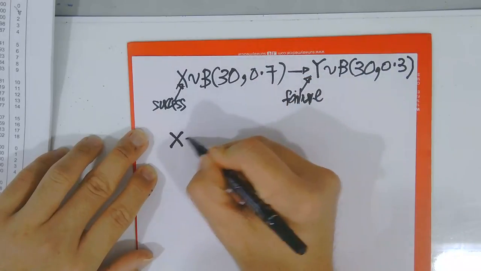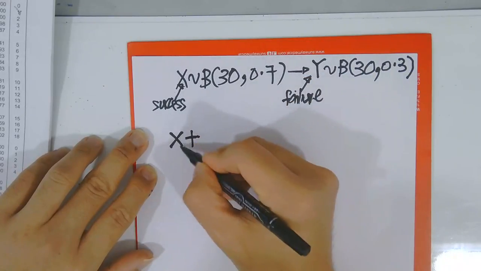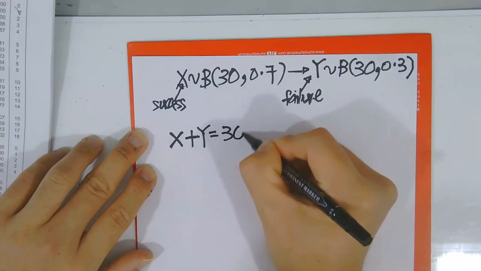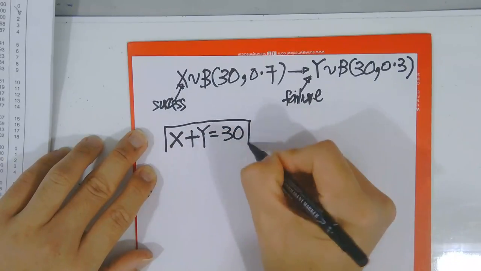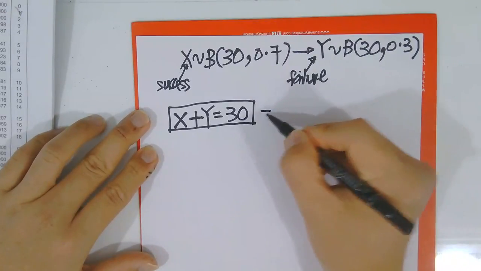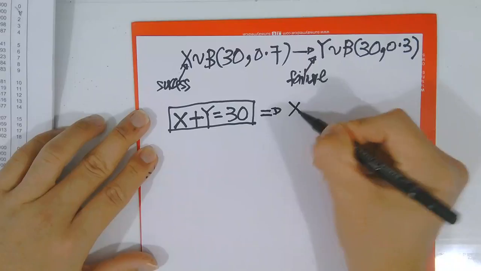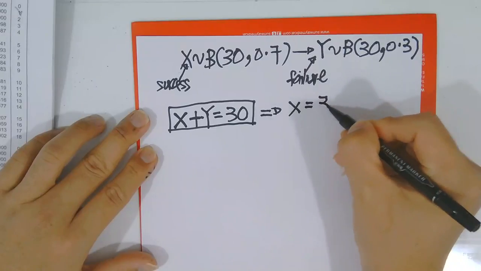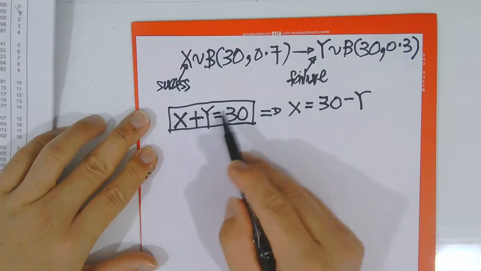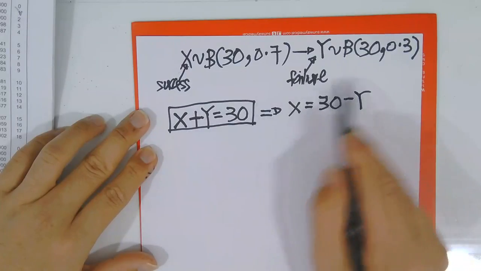So the number of wins and the number of losses must always total 30. This is a very important relationship, so you have to remember it. It means you can convert X to be 30 minus Y; X is the same as 30 minus Y.